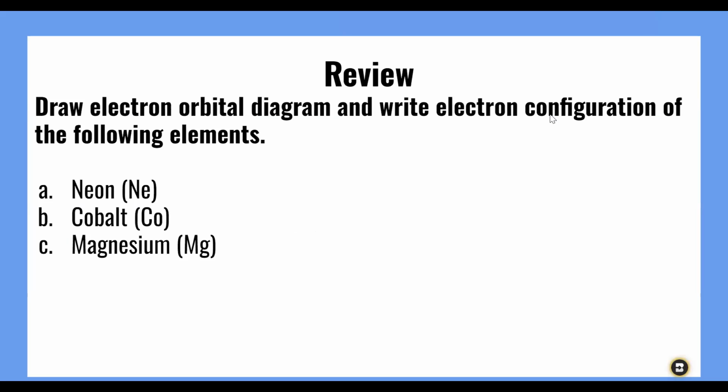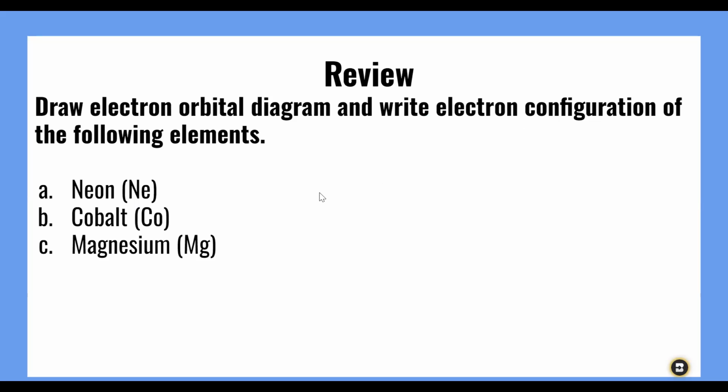So before you start, if you know how to do this, pause the video and try to do it and make sure you understand it. For those of you who maybe didn't do it, I advise you to go back and watch the video on electron orbital diagram. I will briefly go over it.